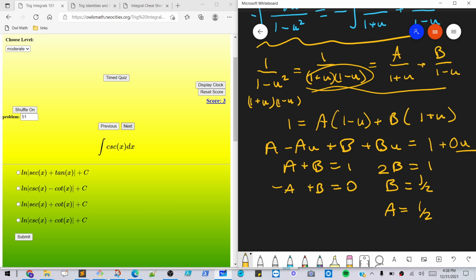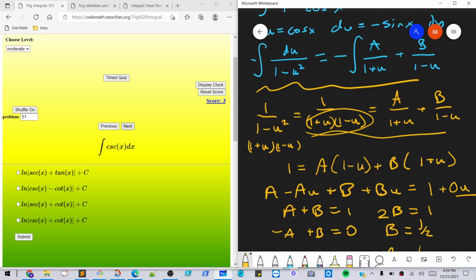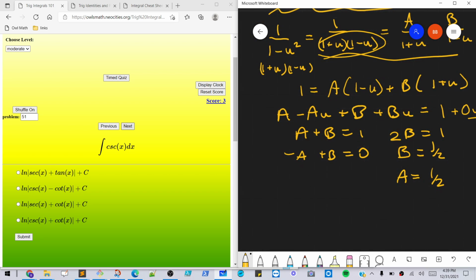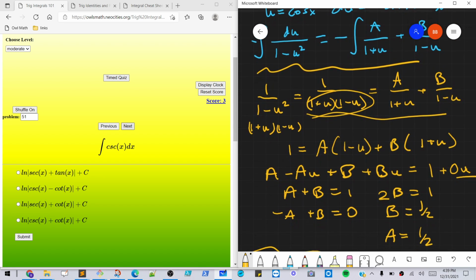So this is a pretty long method for doing this. We probably should have just used the trick, but I don't really like the trick. So let's get back to the integral now.